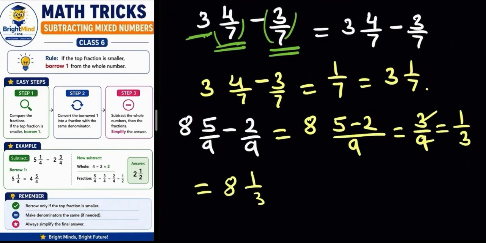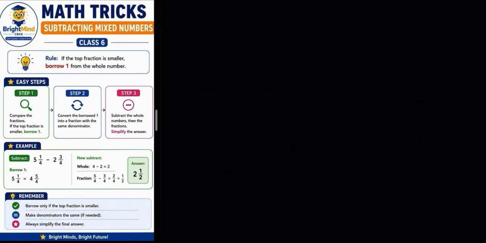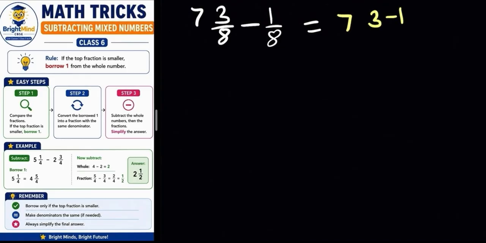So we can write 8 and 1 by 3. Okay, let's take one more example. 7 and 3 by 8 minus 1 by 8. Now here we subtract: 7, then 3 minus 1, the denominators are the same, so it will become 2 by 8.